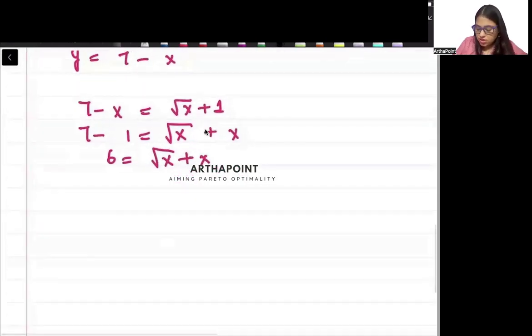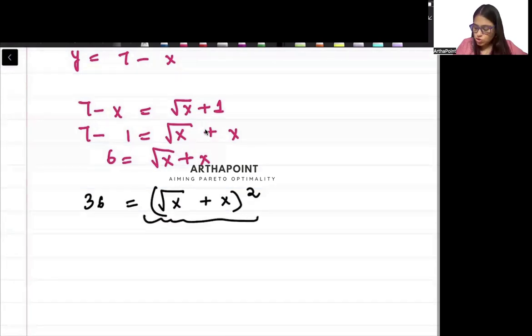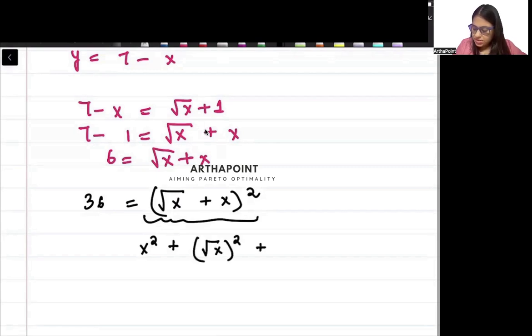Let's square both sides. 36 is equal to root x plus x whole square. So use the formula a square plus b square plus 2ab, which is equal to 36.